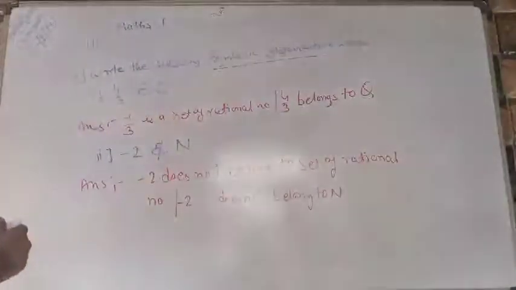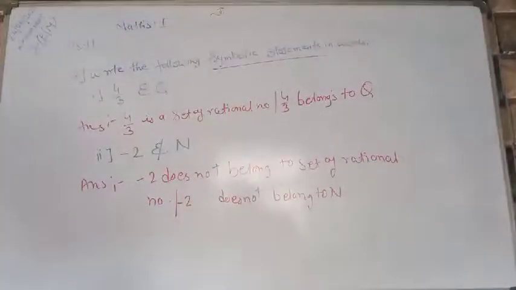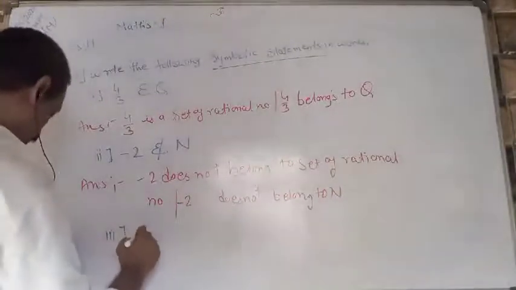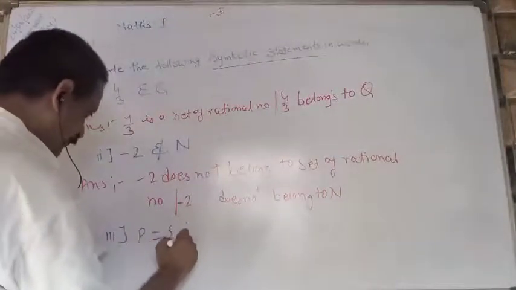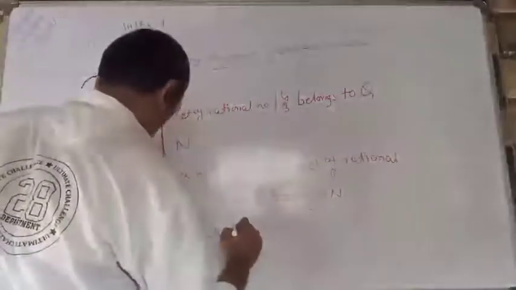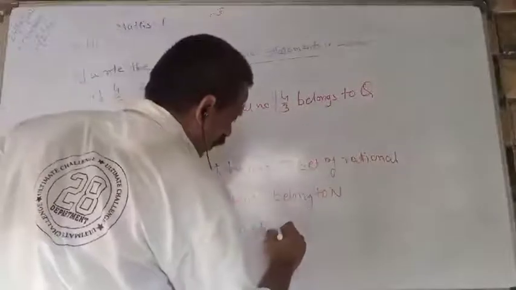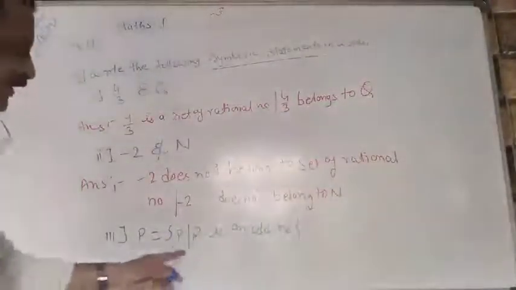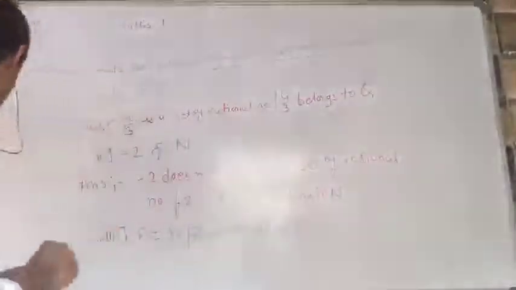Now we start the third question. In the third question it's given P equal to P such that P is an odd number.